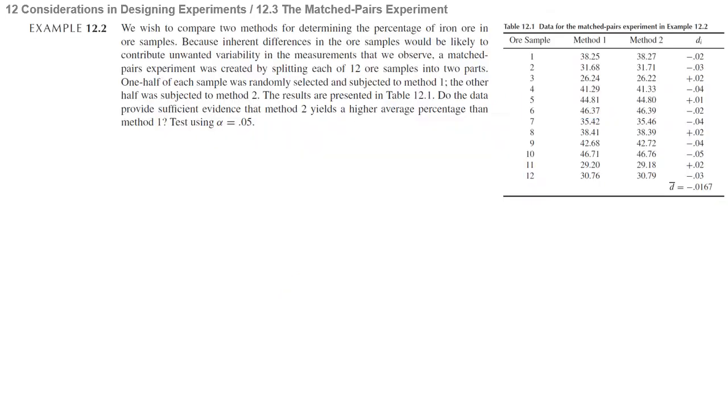Okay. Let's move on to example 12.2. We wish to compare two methods for determining the percentage of iron ore in ore samples. Because inherent differences in the ore samples would be likely to contribute unwanted variability in the measurements that we observe, a matched pair experiment was created by splitting each of 12 ore samples into two parts.